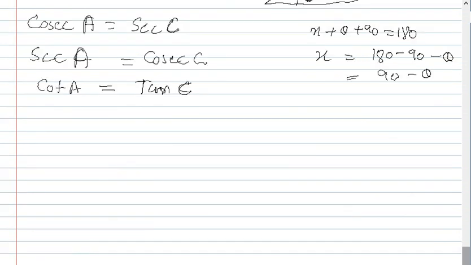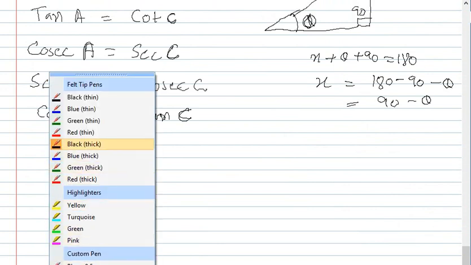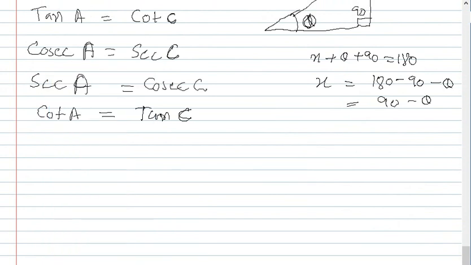So I would write all of these in that form. Okay, so what it would become? Let me change the color. Sin theta is equal to cos of 90 minus theta.